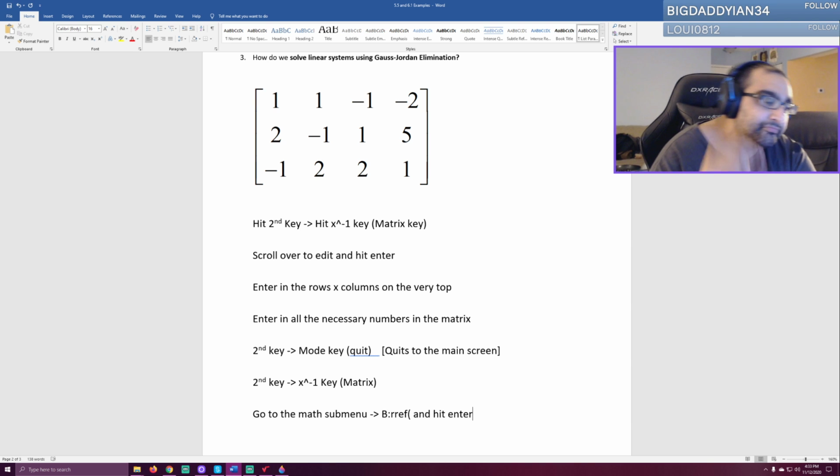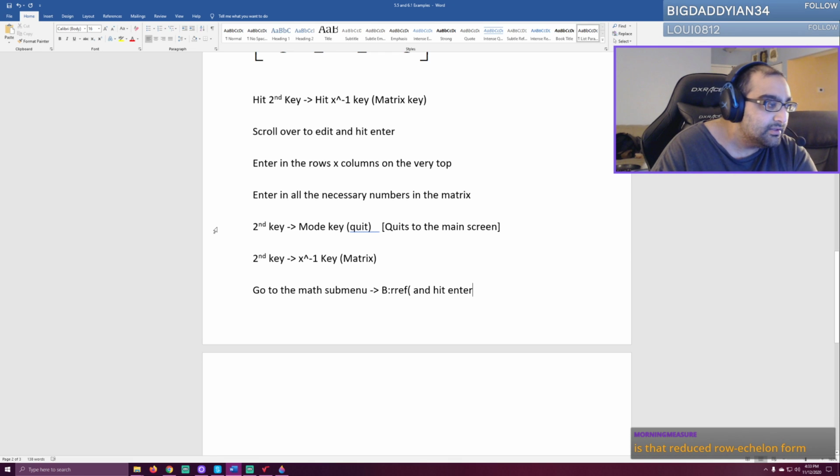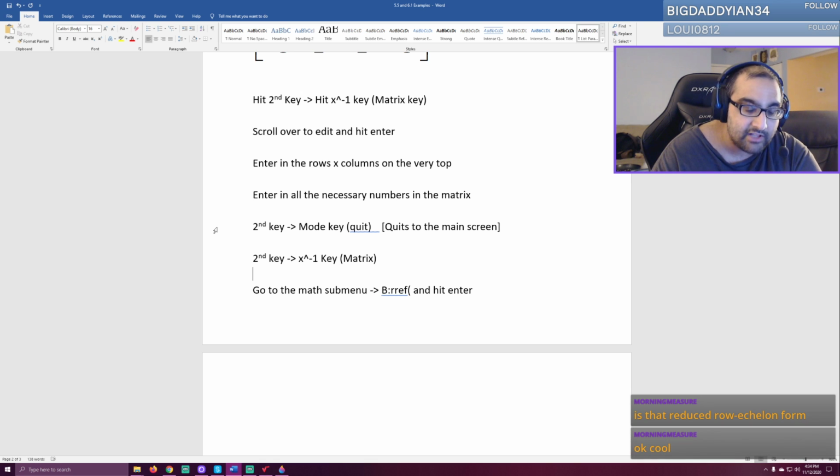Yes, that is correct. So RREF represents row reduced echelon form. So if you've heard of it before, this is exactly what the Gauss-Jordan method does for us.